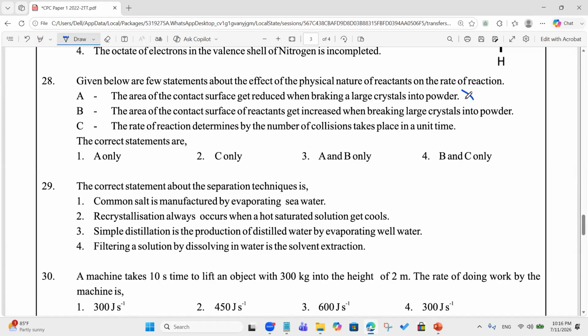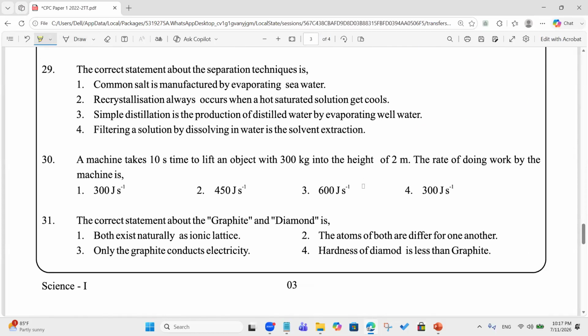It's a wrong statement. The area of the contact surface of reactants gets increased when breaking large crystals into powder. True or false? Yes, this is true. The rate of reaction is determined by the number of collisions taking place in unit time. True, right? So the correct statements are B and C, no? B and C. Right.